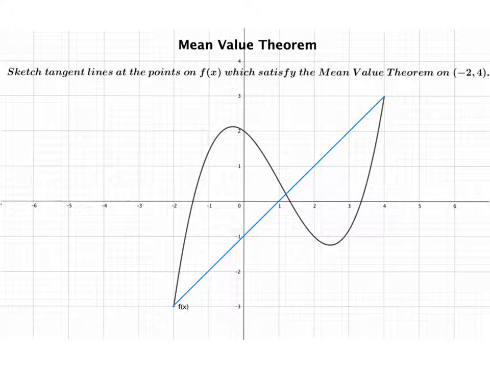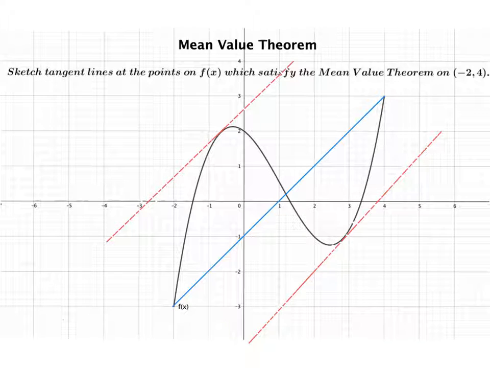Now you want to look for tangent lines along your curve that have the same slope as the line connecting the ends of the curve. Now I've drawn in a couple tangent lines, and you'll notice that my tangent lines have the same slope as the line that connects the endpoints of the curve.